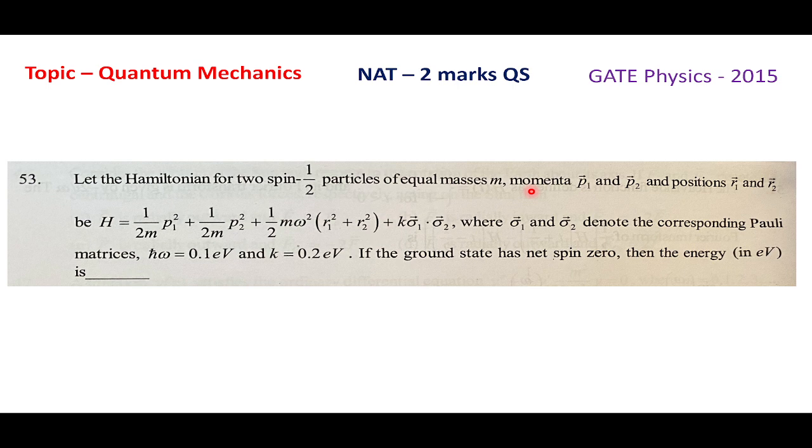Then I followed what you said about the sigma part, and its energy eigenvalue is coming as 2k times s into s plus 1 minus s1 into s1 plus 1 minus s2 into s2 plus 1, and then s1 and s2 are half and s equals 0, and then we just get the values. Also, for N1 and N2 it will be 0 for the ground state, right? Yes, for the 3D harmonic oscillator. Yeah, that's the simple thing.